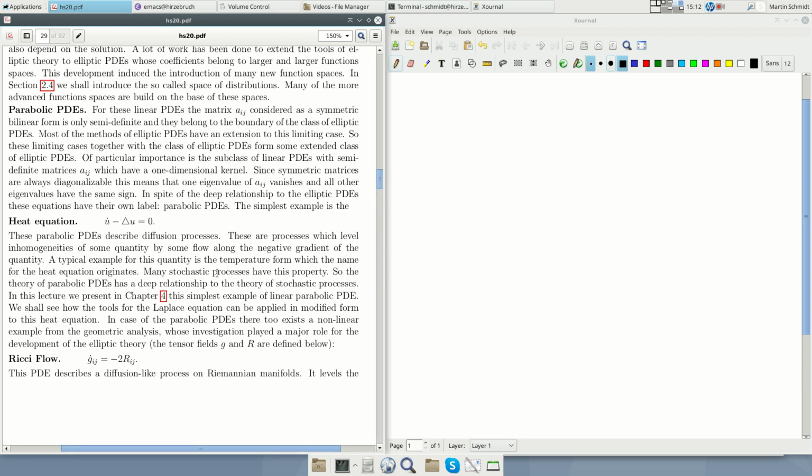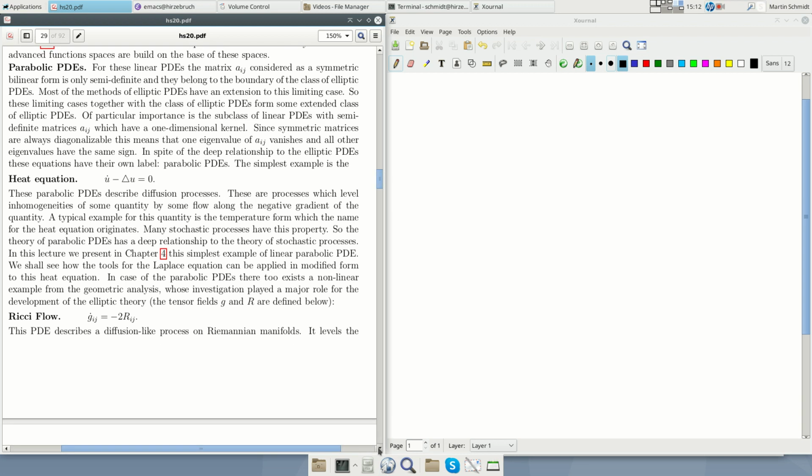Stochastic processes also describe diffusion processes, and so there is a deep relation between the PDE theory of parabolic equations and the theory of stochastic processes.